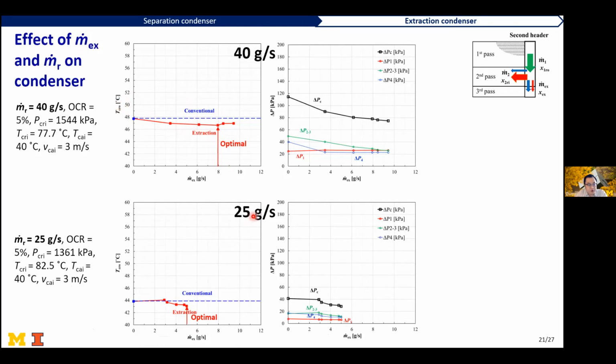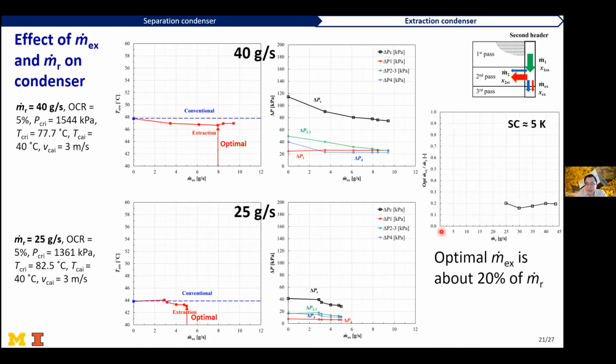And similarly for 25 gram per second for the total flow rate, there's also an optimal flow rate. And surprisingly, we can see that with a moderate subcooling for the condenser, the subcooling is defined as the difference between the saturation temperature at the exit and the real temperature of the refrigerant at the condenser exit.